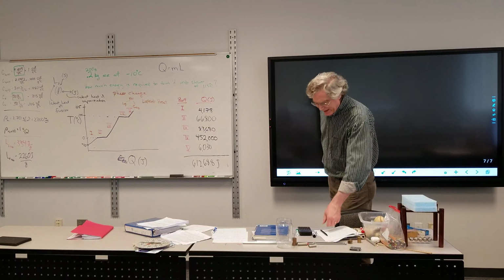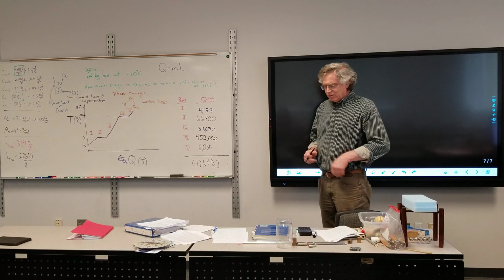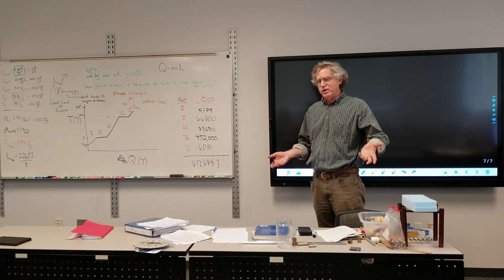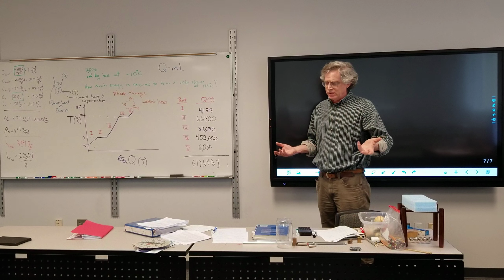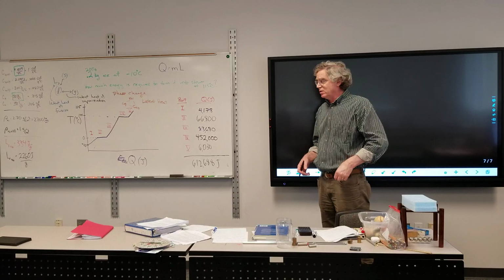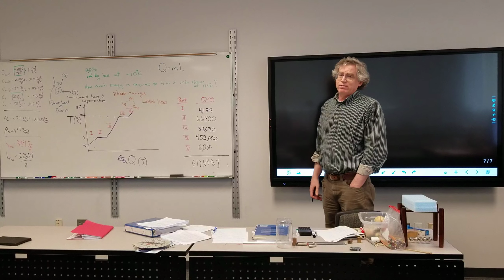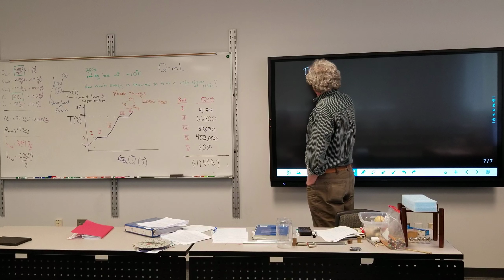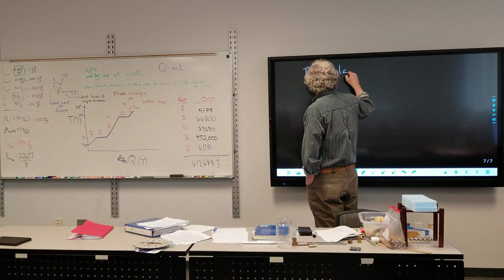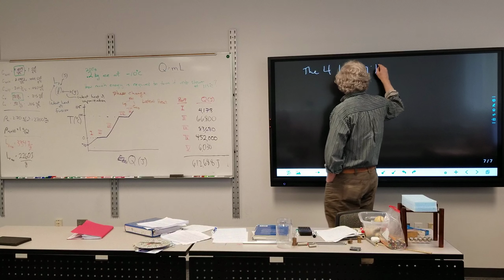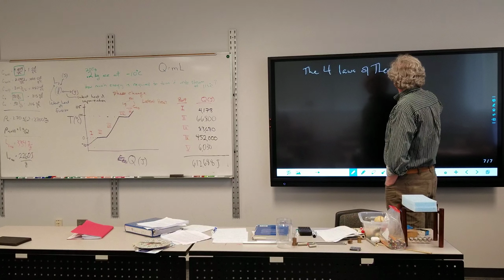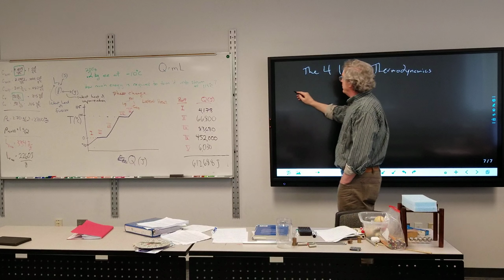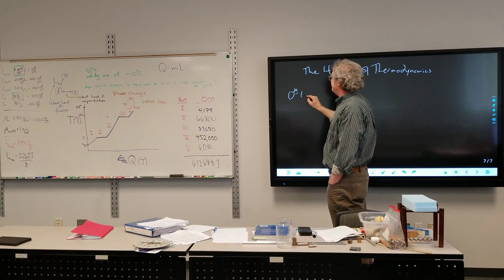All right, so we've been talking about thermodynamics, and there are, of course, rules. We have Newton's laws of motion, we have Kepler's laws of planetary motion. We have 4 laws of thermodynamics, starting off with the 0th law.